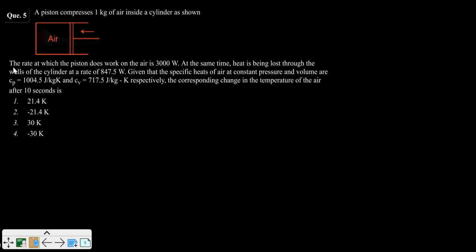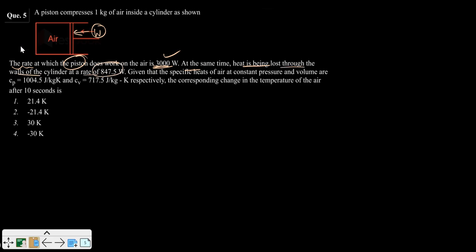So the rate at which the piston does work, that is this one. That means the piston is compressing the air. So W is given to the system, and this is the rate. So W is given as 3000 watt, right? At the same time heat is being lost through the walls of the cylinder at the rate of this one.